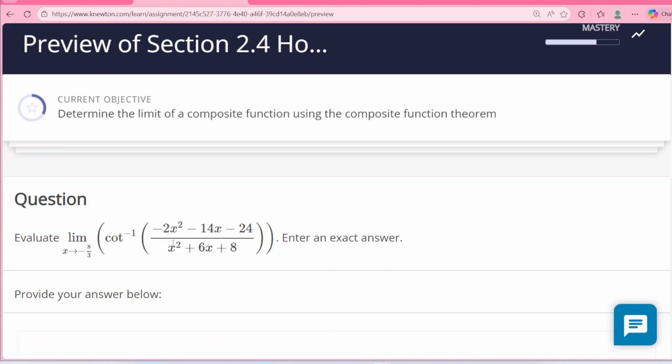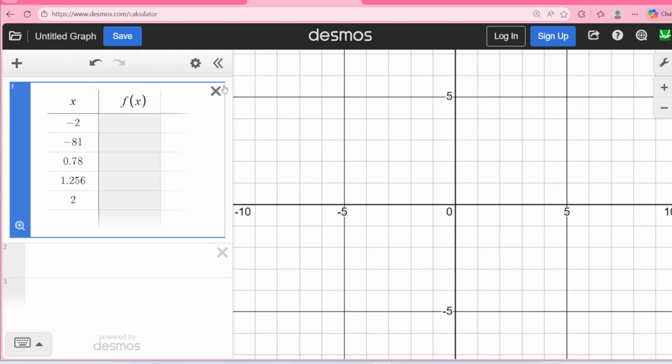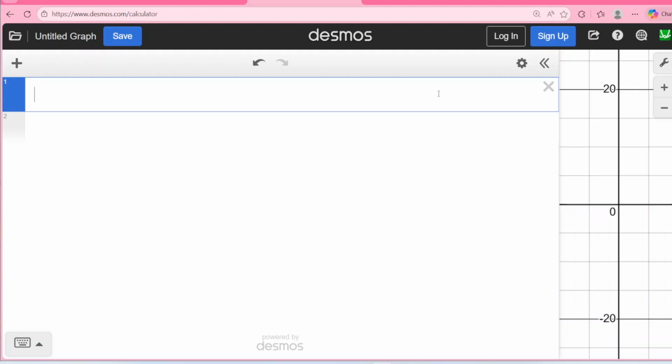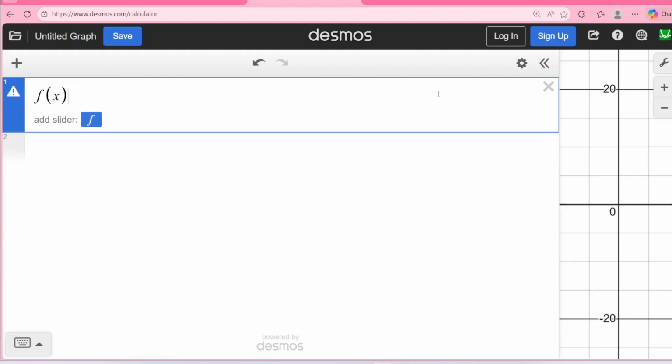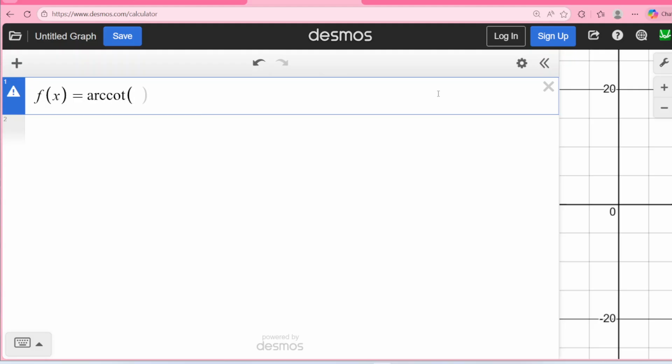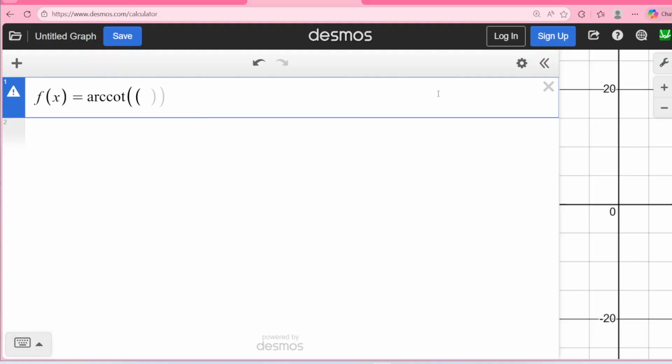All right, so I'm just going to actually go to Desmos here and type this in. I don't feel like writing all this out. So I'm going to enter this expression, this inverse cotangent of all this, and have it substitute -8/3. All right, so I'll call it f of x equals arc cotangent, right? Remember, arc cotangent was inverse cotangent. You throw arc in front of the trig functions, and that was the inverse trig function.